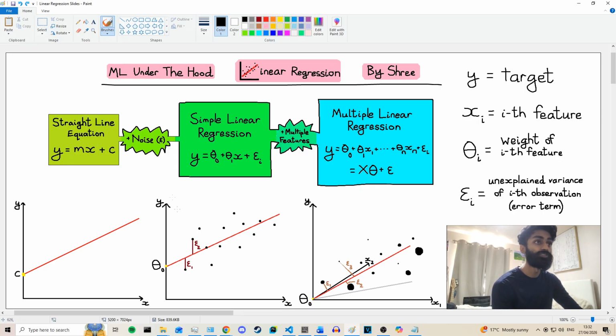And these epsilons, which we've now introduced into the equation, epsilon i, represent the data or the information that we haven't captured through our features. So while there's a general trend we can see between target and feature, these epsilons represent pieces of information that we haven't got just through x.